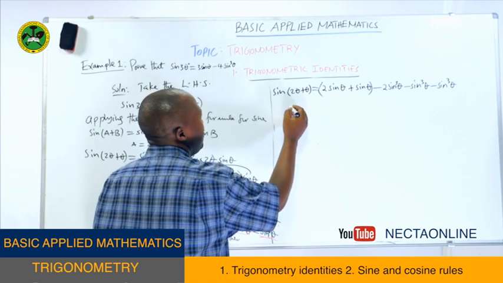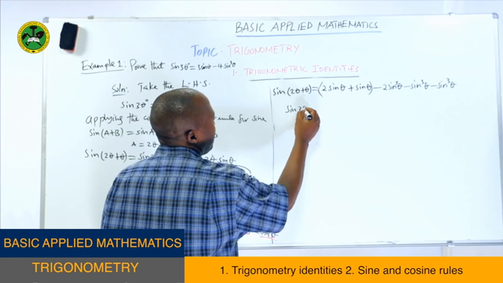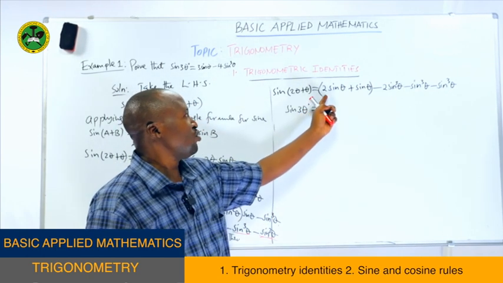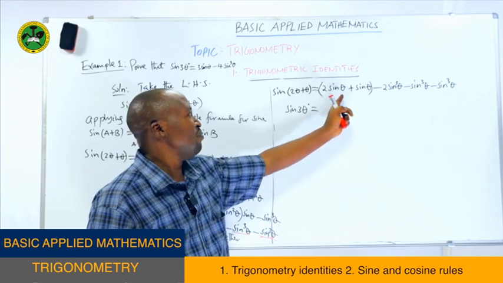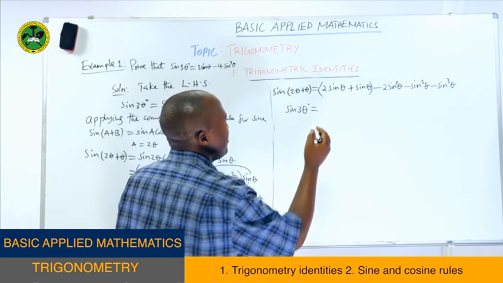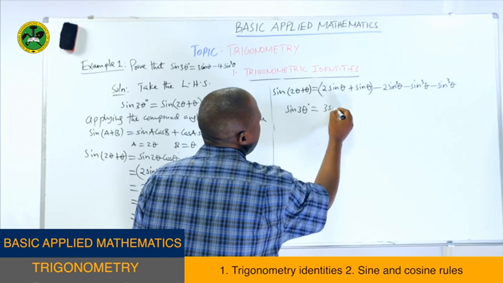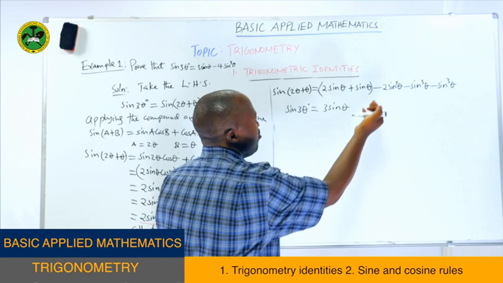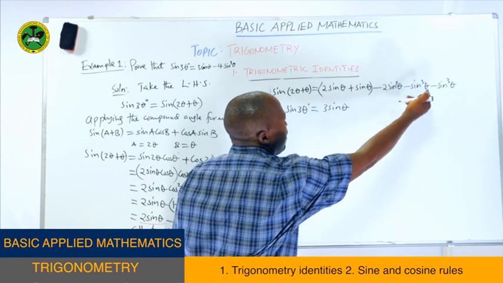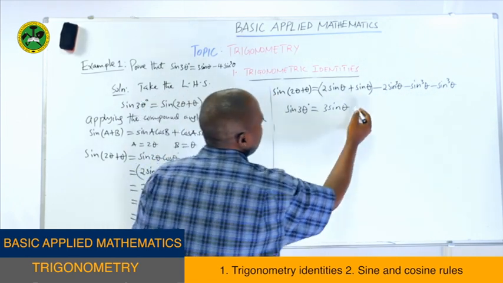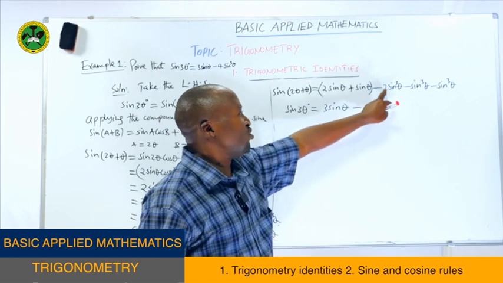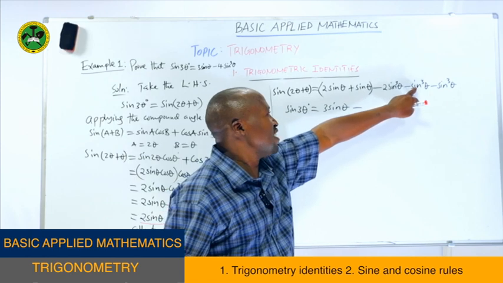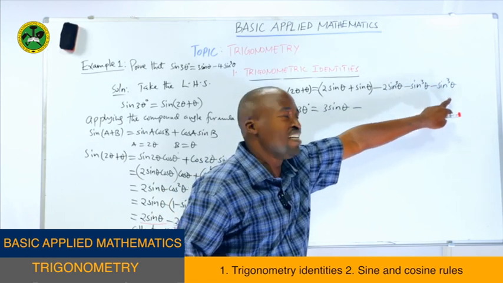So here we have sine 3 theta, which is equal to, now, 2 sine theta plus sine theta, that is 3 sine theta. Then here we have negative 2, negative 1, negative 1. So we add, that is minus 2 sine cubic theta minus sine cubic theta minus sine cubic theta.